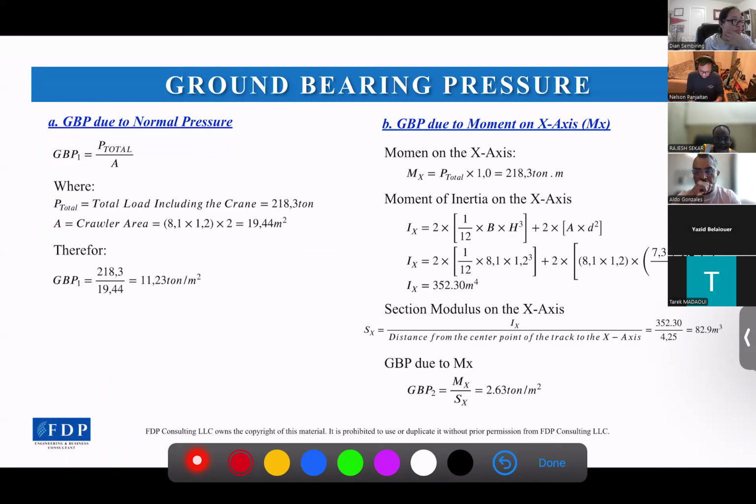From me, I think it would be better if the tracks have the same form, the shape of a crawler, you can just simplify it by using this formula. It will not be much different. So yeah, Nelson, please.